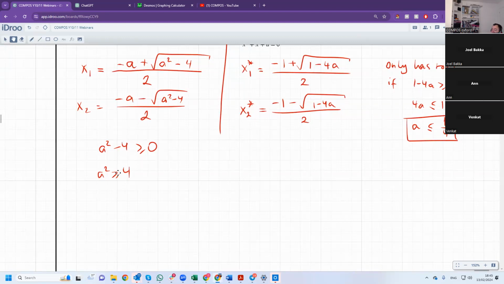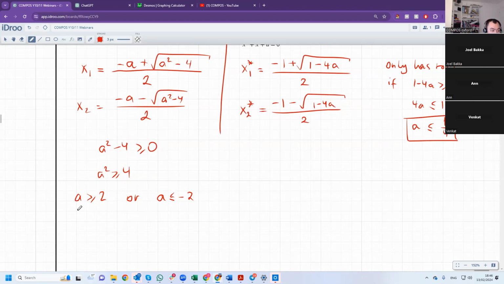There are a lot of things you can do here. Well, you can realize that a squared has to be greater than 4, so a is either greater than or equal to 2, or a is less than or equal to minus 2. So it can be minus 5, for example, because minus 5 squared is greater than 4.